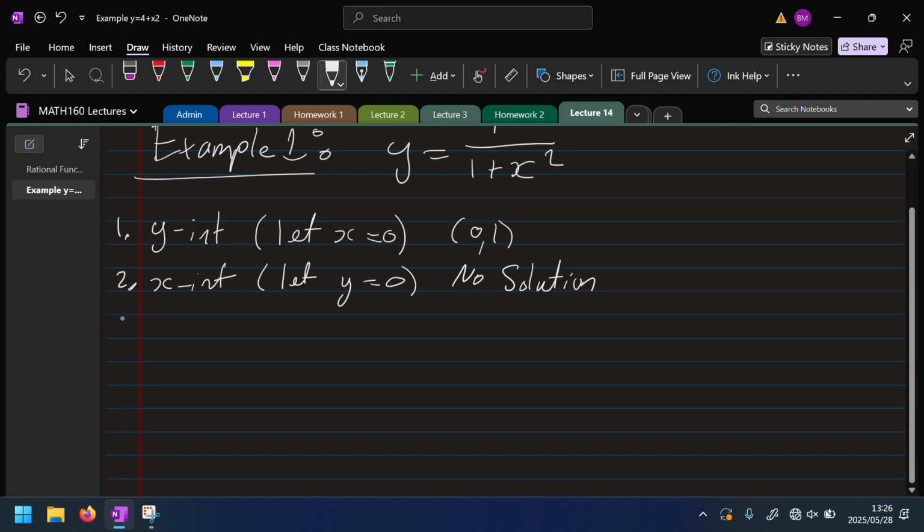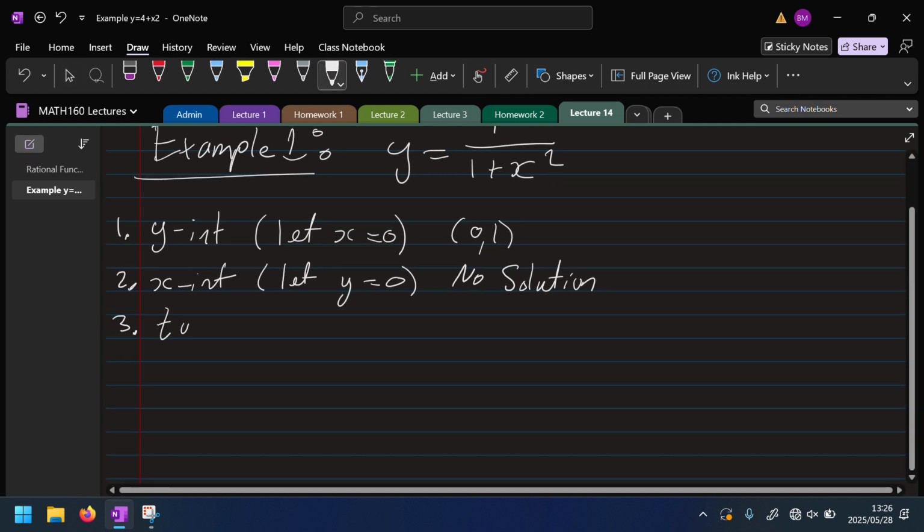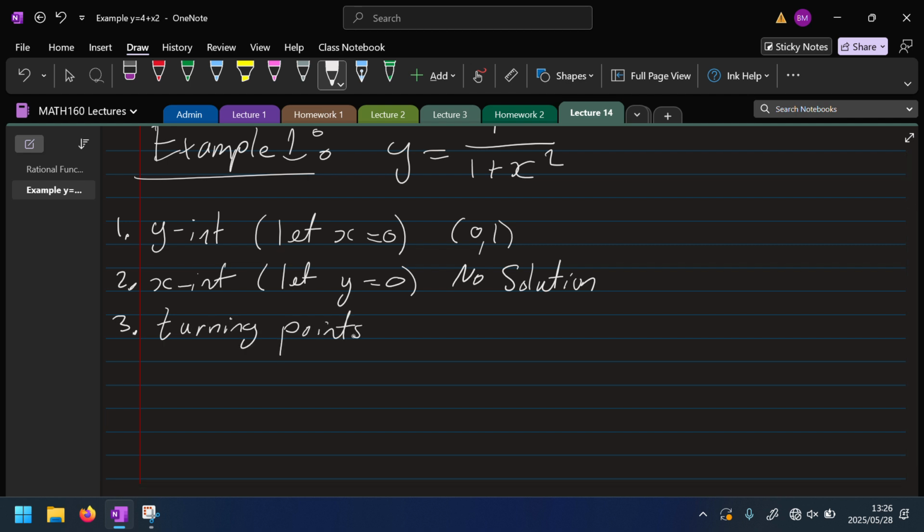Number 3, turning points. A reminder on turning points. Whatever the function is, we take the first derivative, set that equal to 0. Whatever solutions you get, those will be the turning points. So here we're looking for y prime. You've got a quotient, so you can use the quotient rule for that.